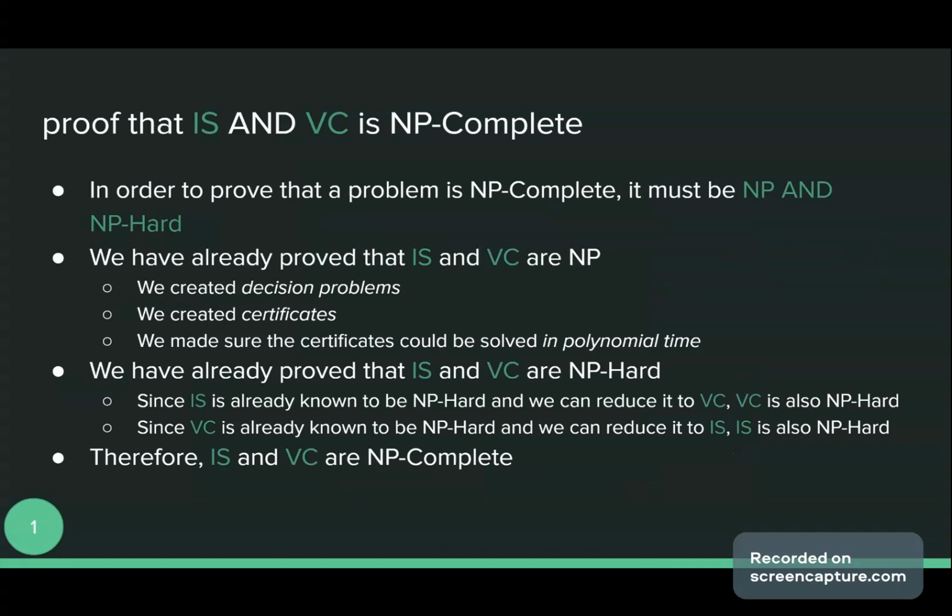Since we can assume that an independent set is already known to be NP hard, and we reduced it to the vertex cover, the vertex cover is also NP hard, and vice versa. Therefore, both the independent set and vertex cover have fulfilled the criteria and are both NP complete.